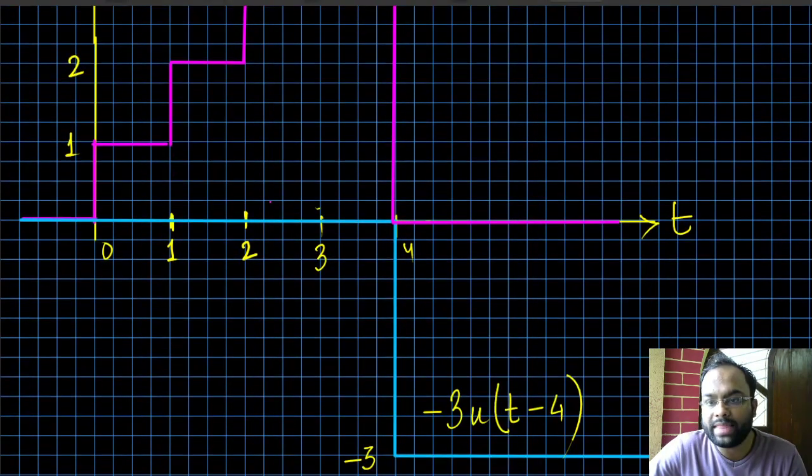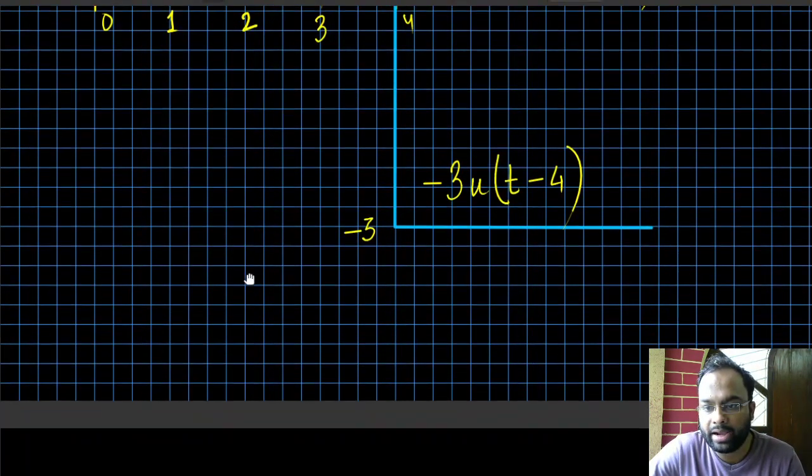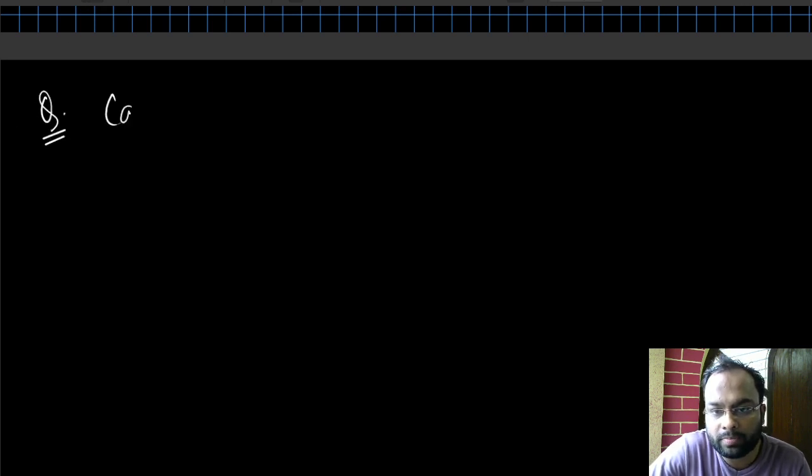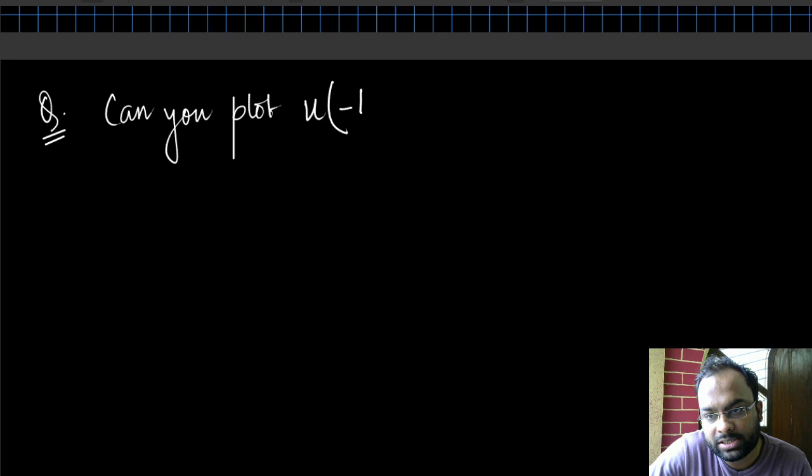So now with that knowledge at hand, let me ask you another question. We did yesterday's class, right? We have learned quite a bit of time domain operations. So question, can you plot u of minus t?